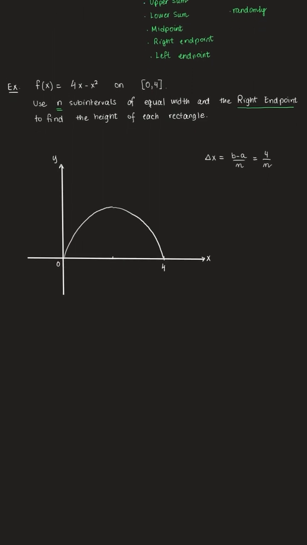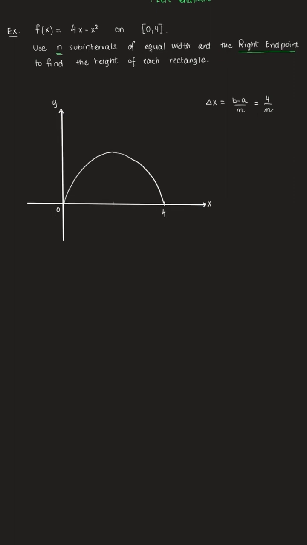Now, let's take a look at how this divides up our x-axis. So here's our x-axis from 0 to 4. I don't know what n is, but if I'm going to use the right endpoint, I'm going to need to find the height at 4 over n, because since this is delta x, we know that that first tick mark is going to be 4 over n. So to get the height of our first rectangle, we will get it at 4 over n, whatever that may be.